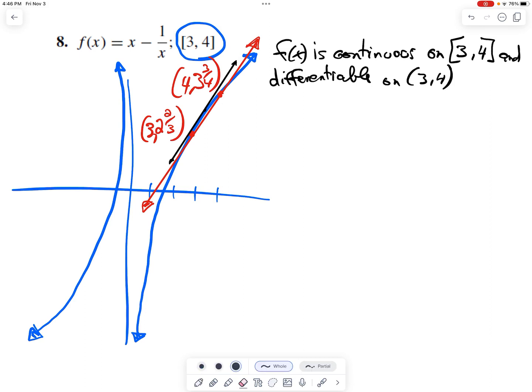As I look at that, there's no places where I pick up my pencil. I can find the derivative anywhere within that open interval. Conditions are met.